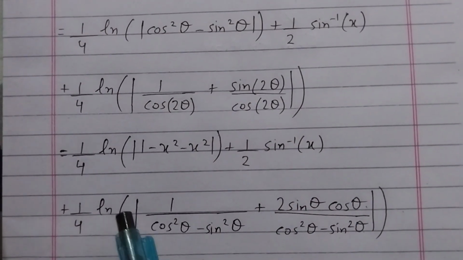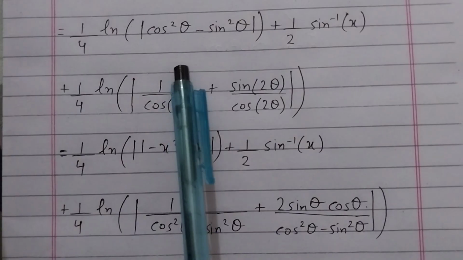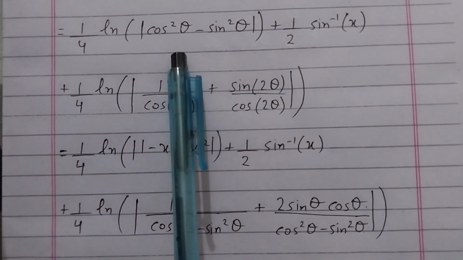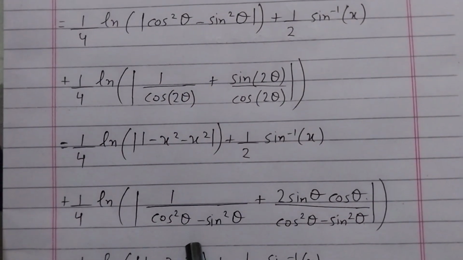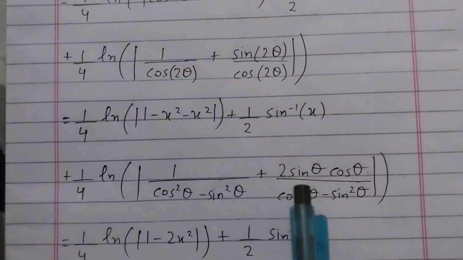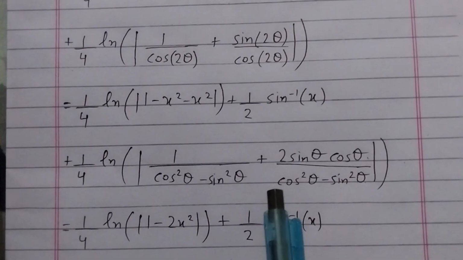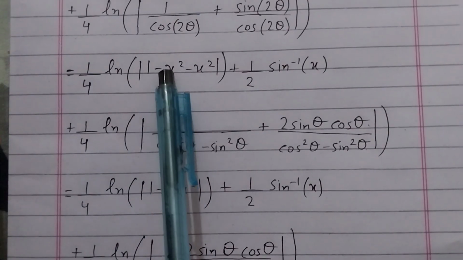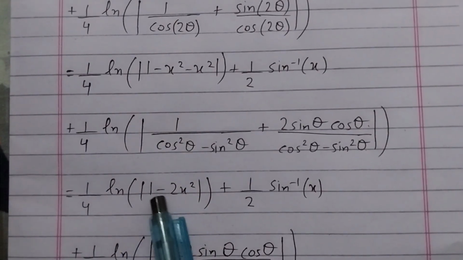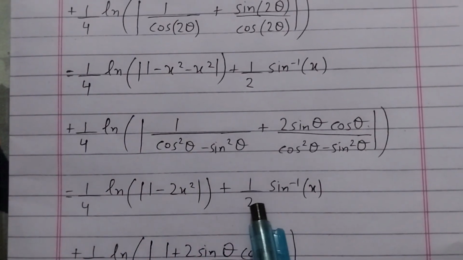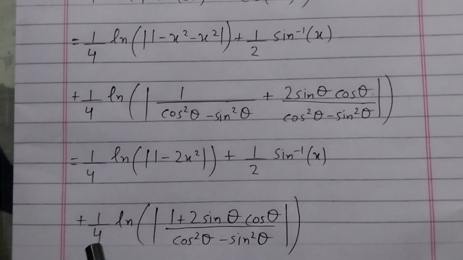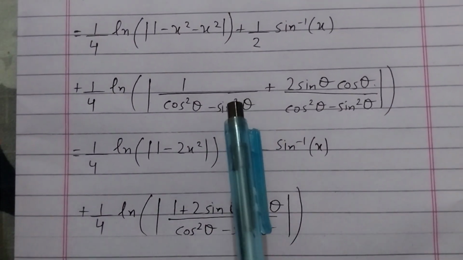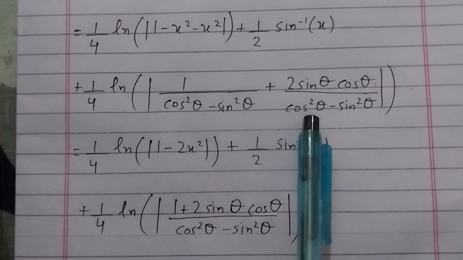plus 1 by 4 natural log of, I'm writing this cos 2 theta in the form of cos squared theta minus sine squared theta, and the formula for sine 2 theta is 2 sine theta cos theta, so over cos squared theta minus sine squared theta. So this first term becomes 1 by 4 natural log of 1 minus 2x squared plus 1 over 2 sine inverse of x plus 1 over 4 natural log of the LCM.